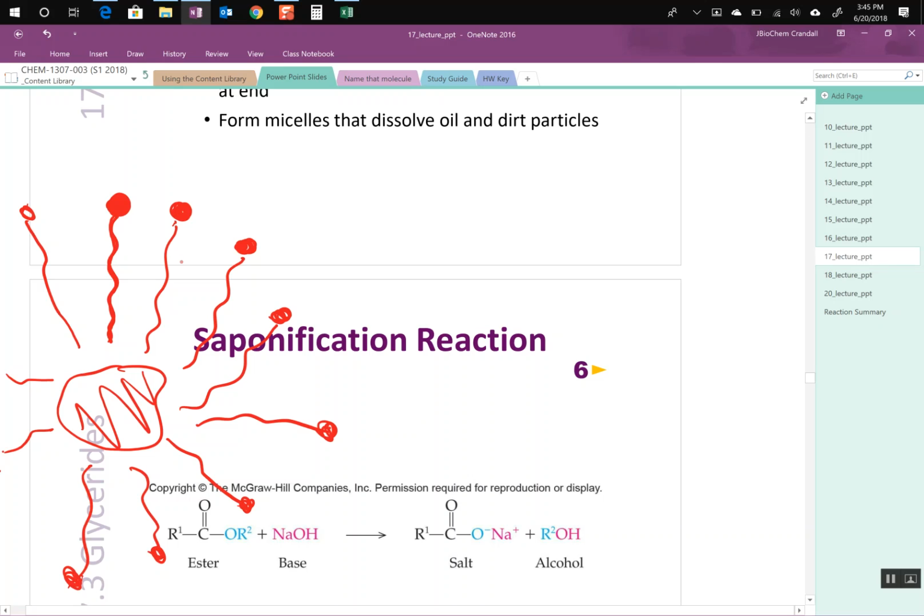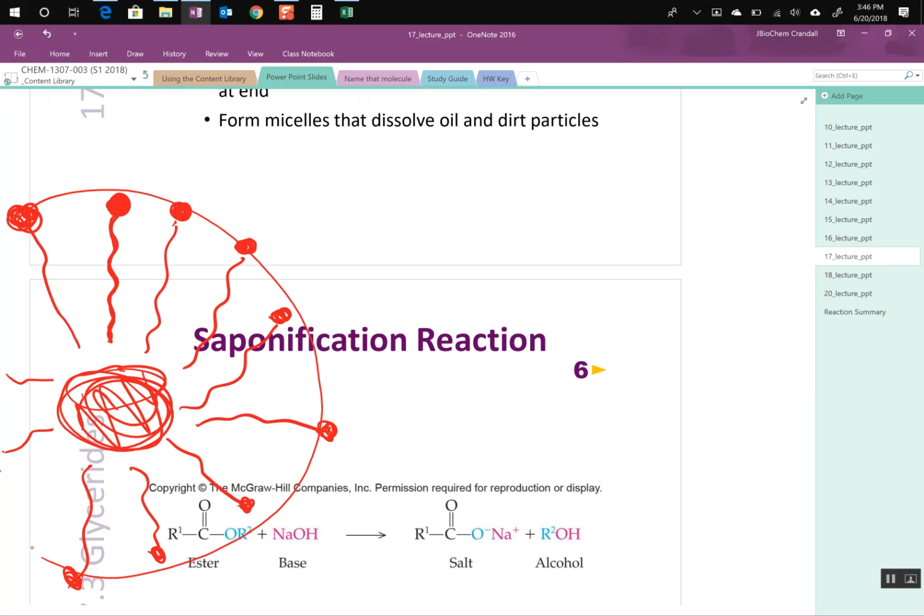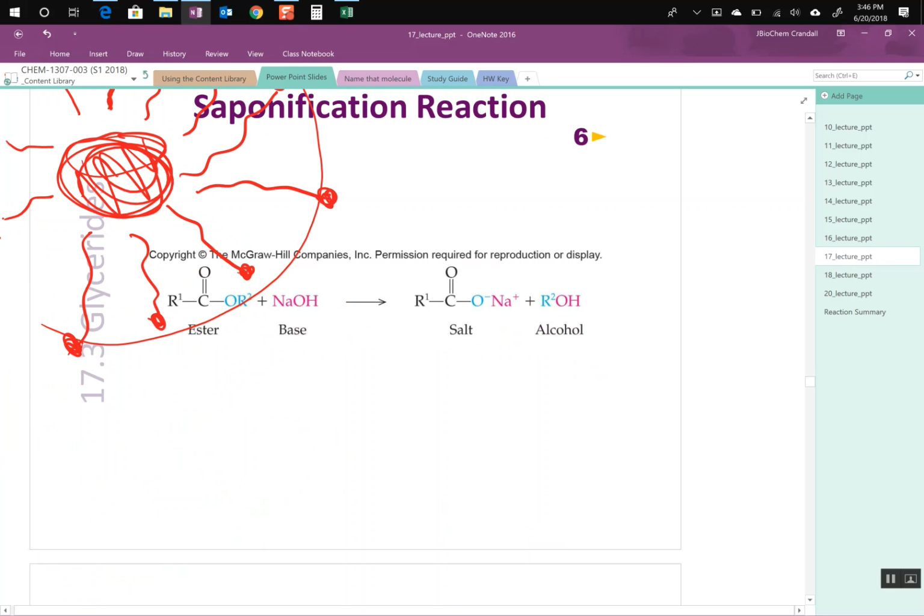And then, because all the nonpolar parts are facing inwards towards the grease, and the polar sections of the soap are facing outwards, now you have a whole big particle here that essentially on the outside of it is polar, and water can surround that. And then it can dissolve it and wash it away. Okay? So it forms those micelles that dissolve the oils and the dirt particles. And then the water can interact with the polar sides and wash it away.